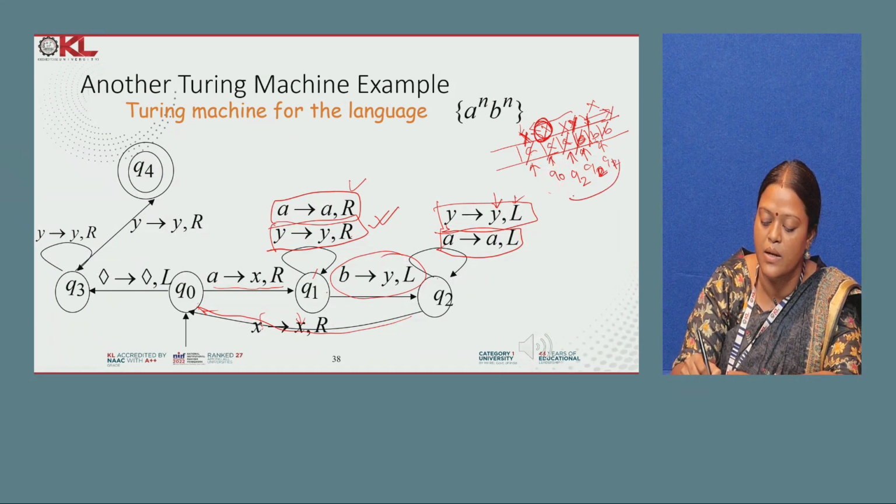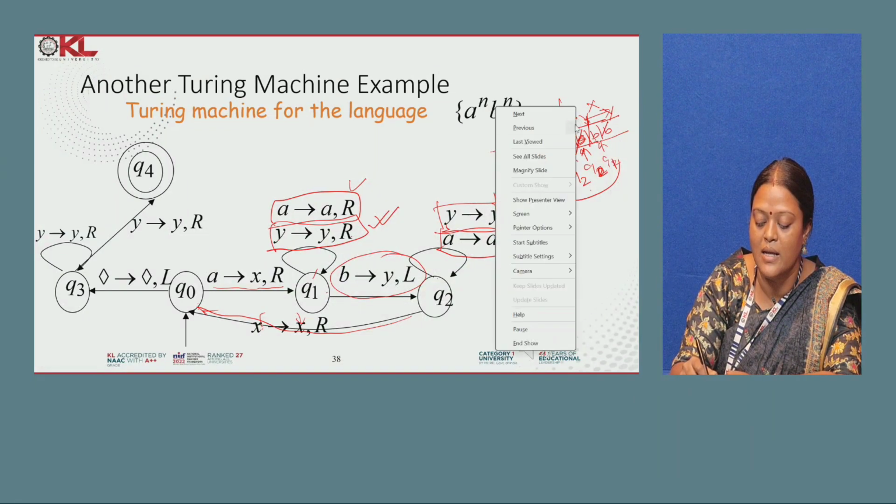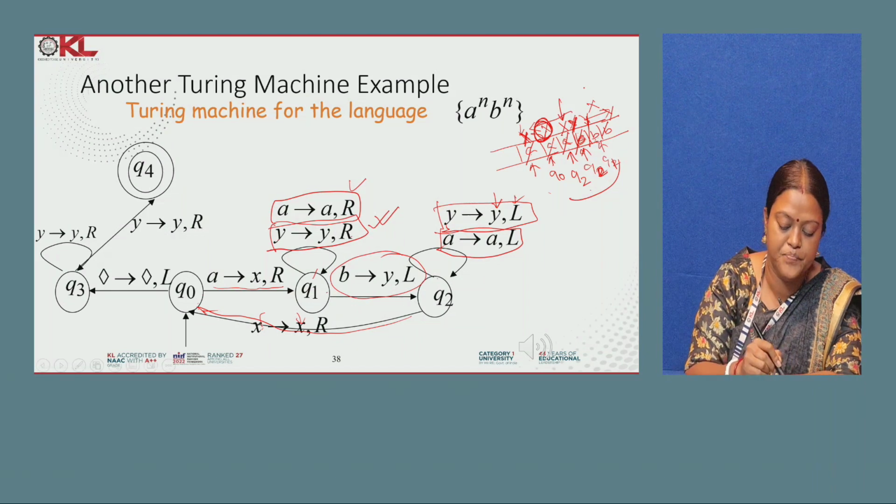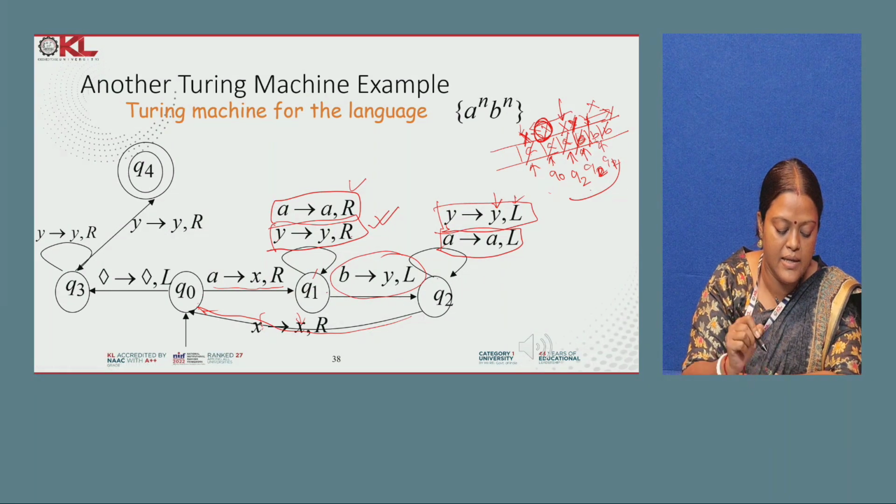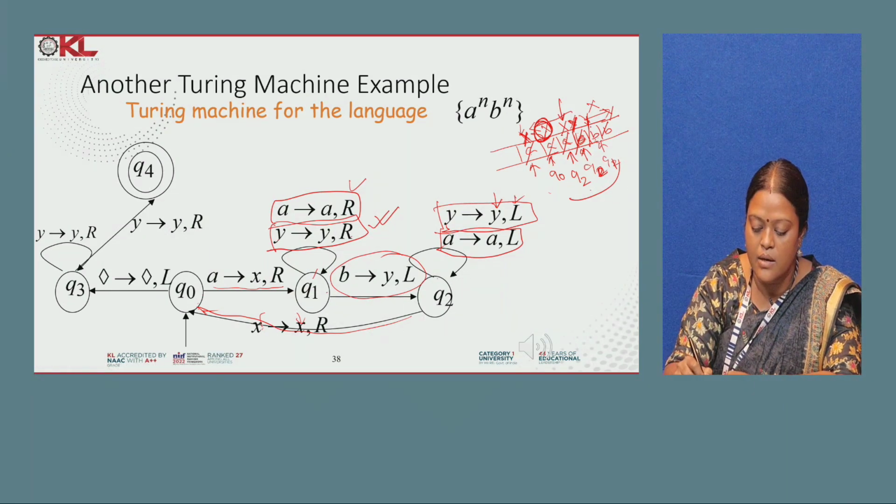Again when we are coming back, we are now in this x. After x we are getting a y here, that means no a's are left. So if we get a y after x, we have to check for further y's.